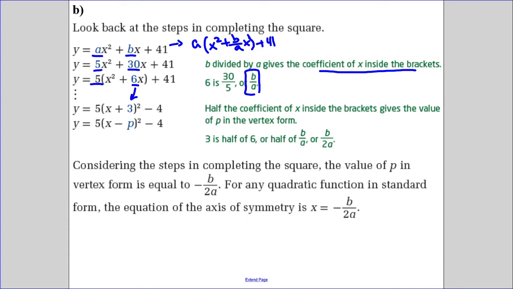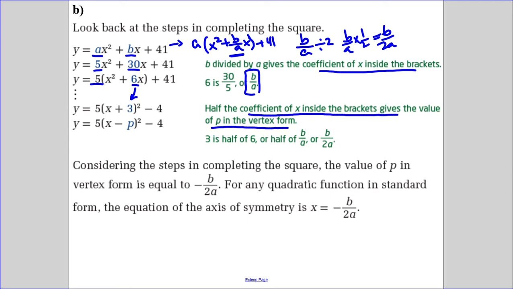If I take half of this, picture b over a divided by 2, which is like saying b over a times a half, which equals b over 2a. So half the coefficient of the x inside the brackets gives the value of p in vertex form, and p in vertex form is really b over 2a.